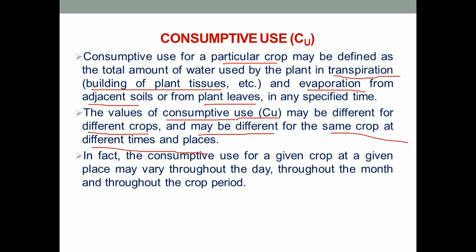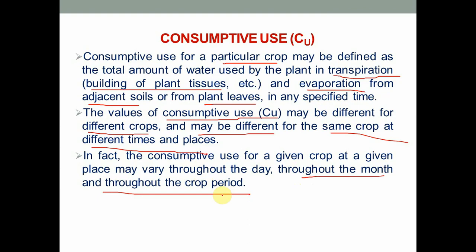In fact, the consumptive use for a given crop at a given place may vary throughout the day, throughout the month, and throughout the crop period. Now, this is very important. The consumptive use for the same crop at the same place can vary throughout a single day, throughout the month, and throughout the crop period or the base period.